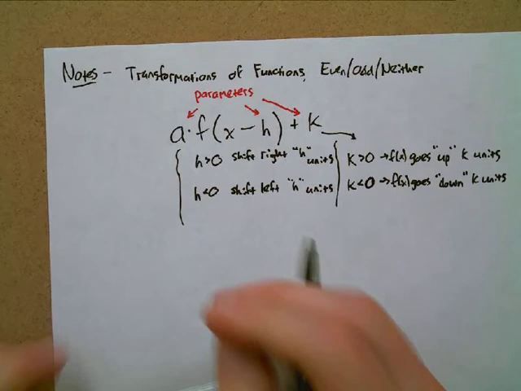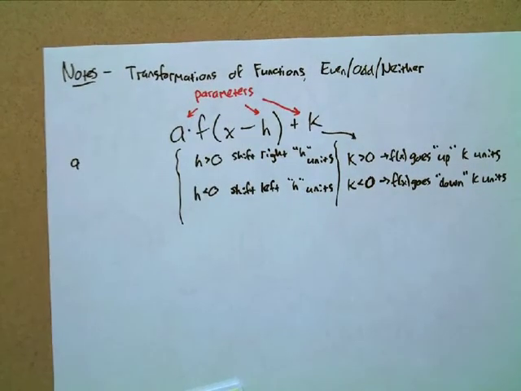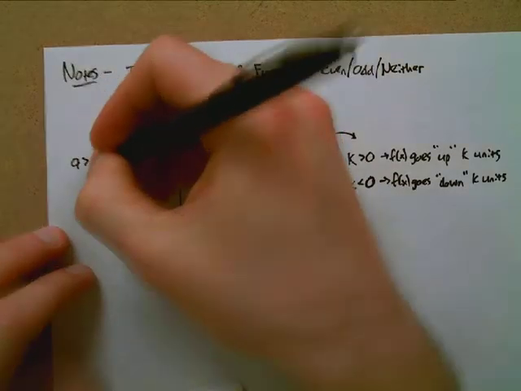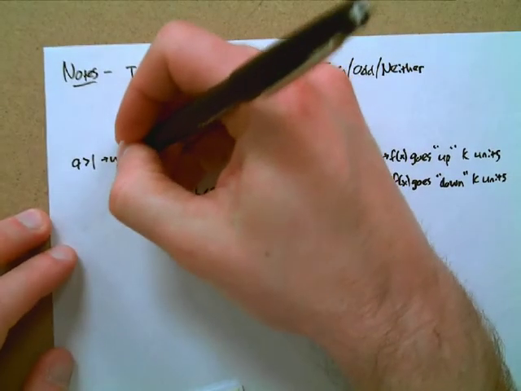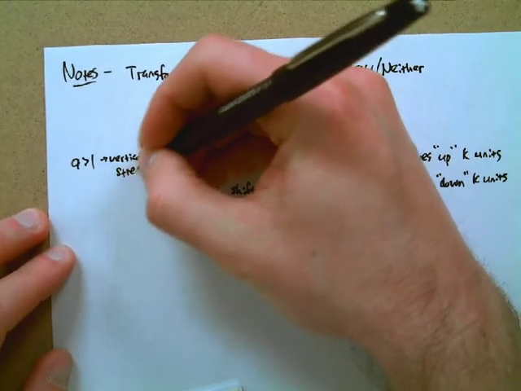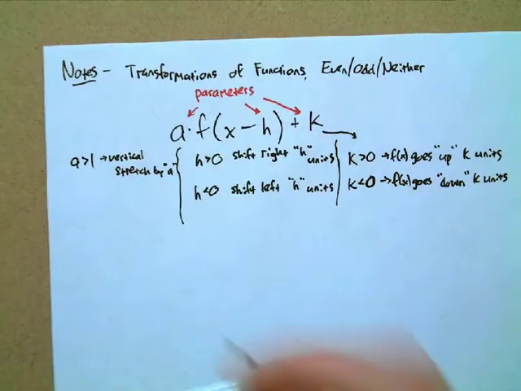Okay? How do we make it actually stretch? A would need to be what? To make the graph stretch and get bigger, a would need to be positive and bigger than what number? 1. Got to be bigger than 1. Okay? Vertical stretch by a.